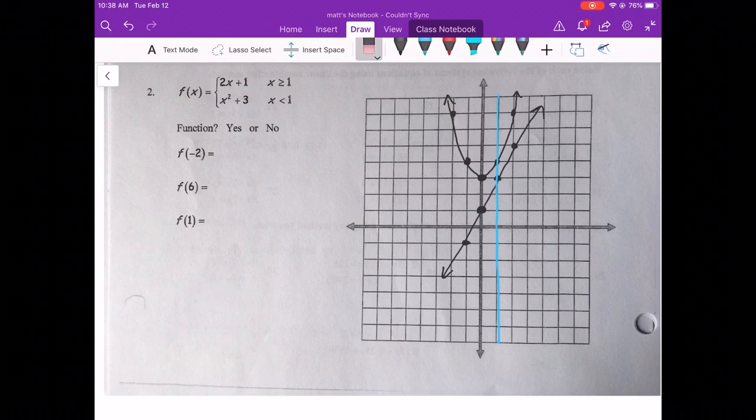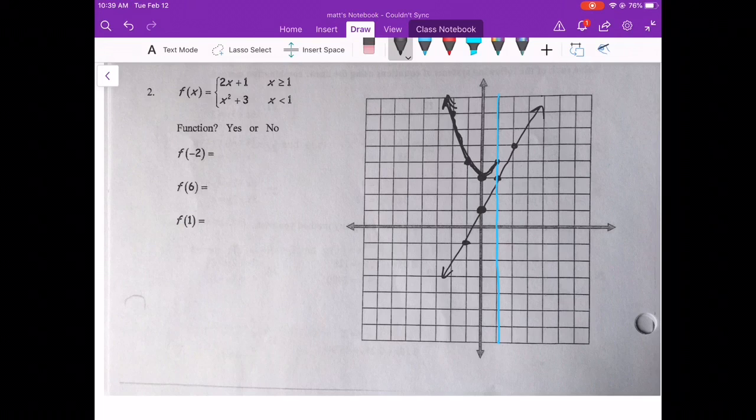So now I'm going to go to my eraser, and I'm going to erase the parabola portion that's to the right of my blue line. Then I'm going to go back and just draw back in the part that I need. Forgive my art there, and I'll try to make it a little bit better for you. All right, there we go.